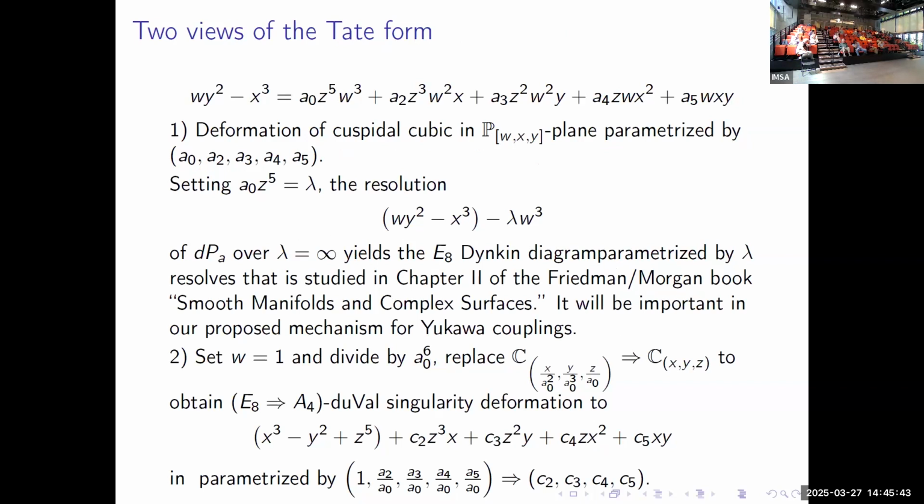Well, A1 and then A2 up to A5. So that's the first way. By the way, I should mention, I think I wrote it wrong. This Tate form is arranged so that the main component of the discriminant of the family of cubics is given by z equals 0.